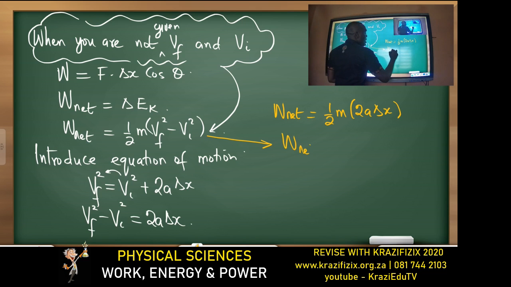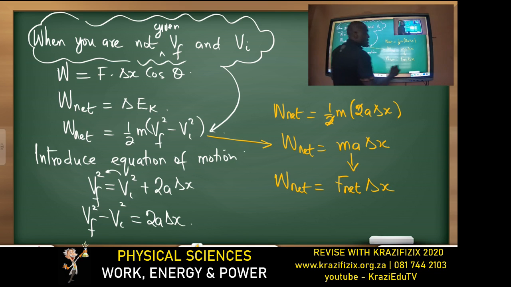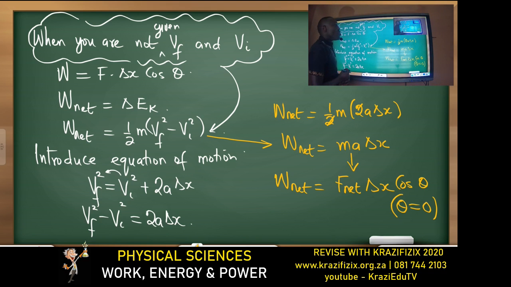The half and the 2 divide each other, and I have m a delta x. But hold on, what is ma? Ma is F net. So my net work can be written as F net delta x cos theta, where theta is now equal to 0. So cos theta will be equal to 1 because the object will accelerate in the direction of the net force, so the angle between them is 0.